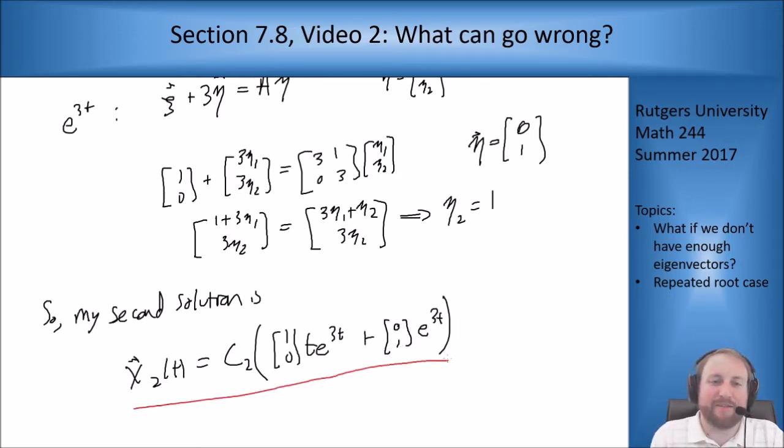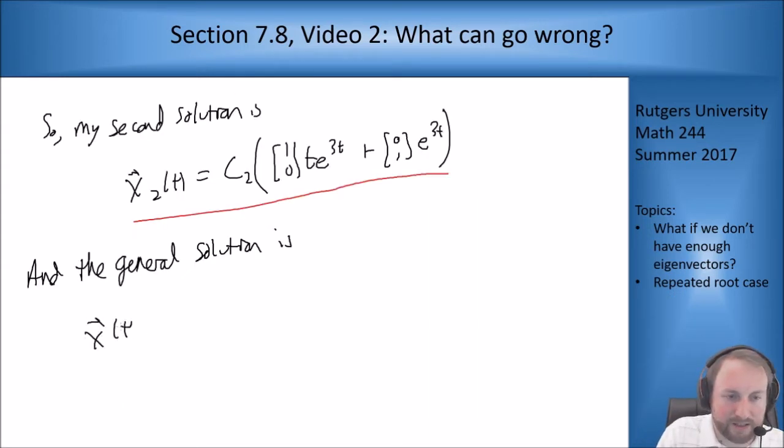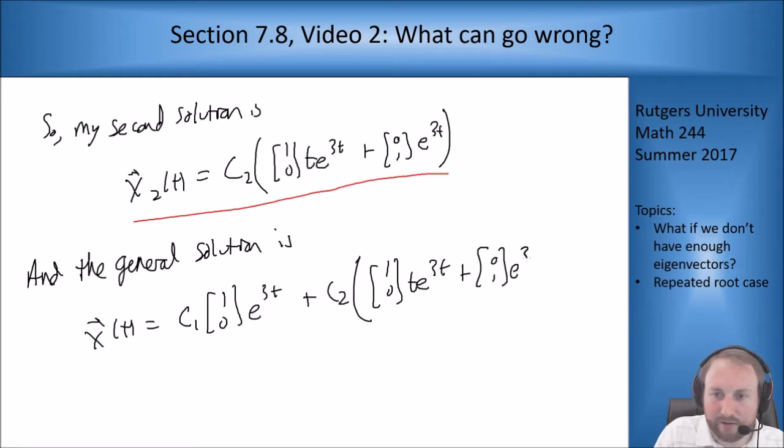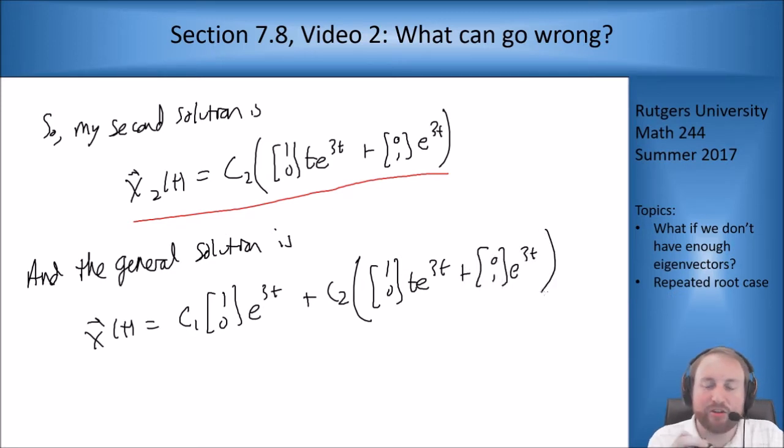Then finally, I get my general solution, which is x of t equals c1 times 1, 0, e to the 3t, plus c2 times 1, 0, t e to the 3t, plus 0, 1, e to the 3t. And you could again show, just like we did in the repeated root case for second order equations, that these two are independent and they both solve your equation, so you're good to go.